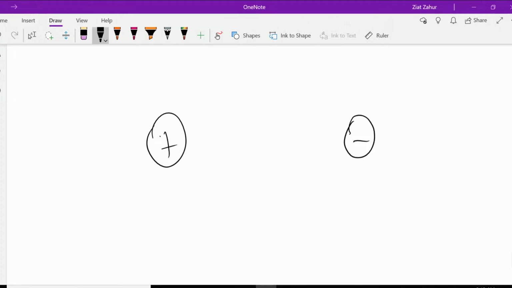The arrow that points to the right here will eventually go into this negative. And so instead of drawing just two separate arrows, I'm going to draw one single arrow that goes out of the plus into the minus. Ooh, I don't like this. Let's go and try ink to shape.